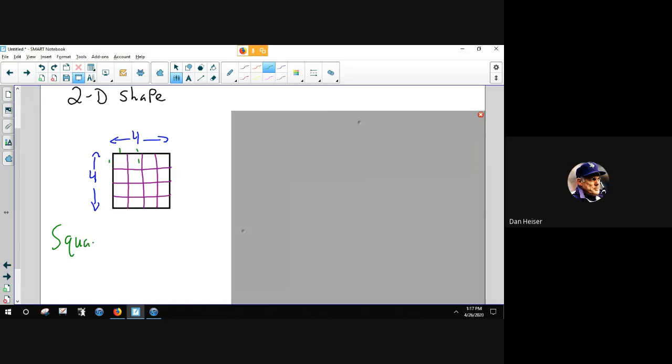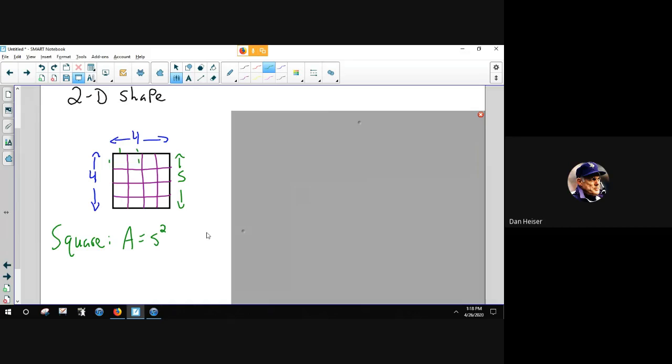For a square, we say that this is the area. Let me write it this way. S is the length of one side. And because a square has equal sides, we are taking one side multiplied by itself, and we get S squared.